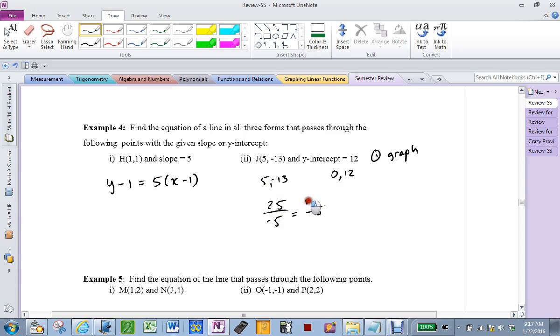So my slope is now negative 5, right? So now I have a slope and a y-intercept. Slope intercept form. So it's y equals negative 5x plus 12, or y plus 13 equals negative 5x minus 5.